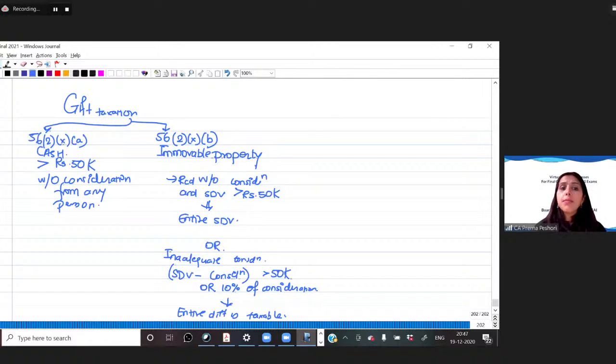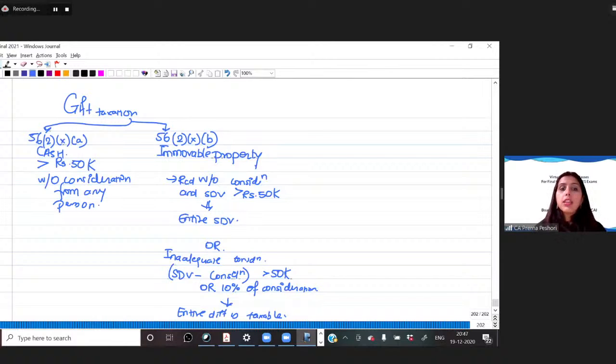Why 10%? 10% is the tolerance band which we saw under 50C also. Do you remember that? The same amendment has been carried out under 56(2)(x) also. Clear? Is it clear?